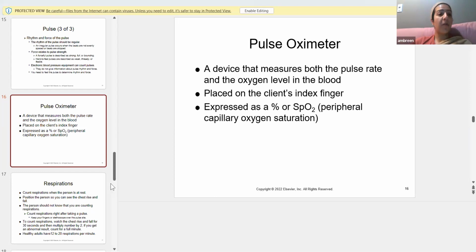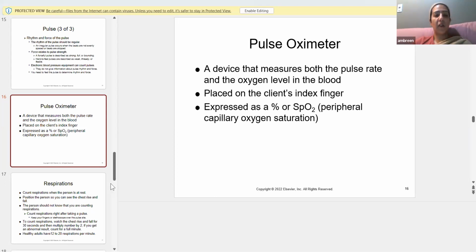Their blood tends to carry more carbon dioxide, CO2. They really tend to have more carbon dioxide in their body than oxygen.